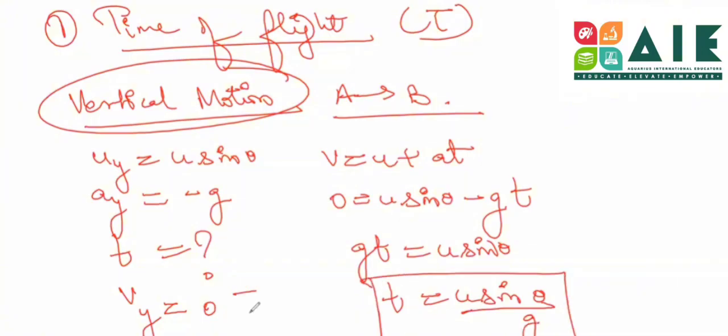The total time of flight is 2t, hence it will be 2u sine theta over g. Clear? Any doubts? No, ma'am. This is for the first half. You add the second half, you will get 2u sine theta over g. Done? Let's calculate for now.